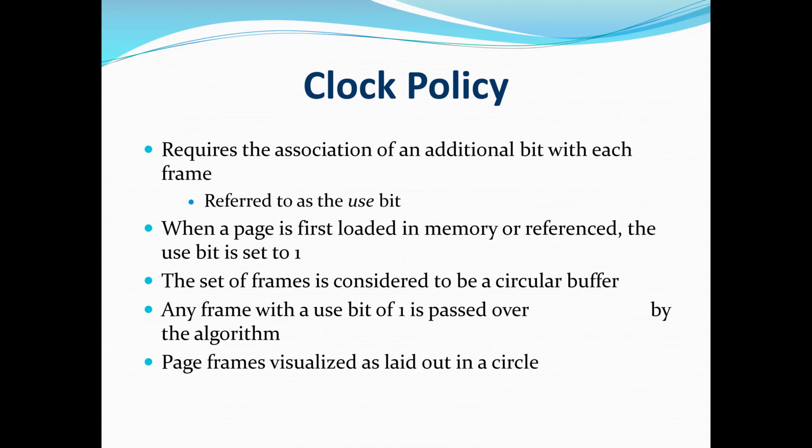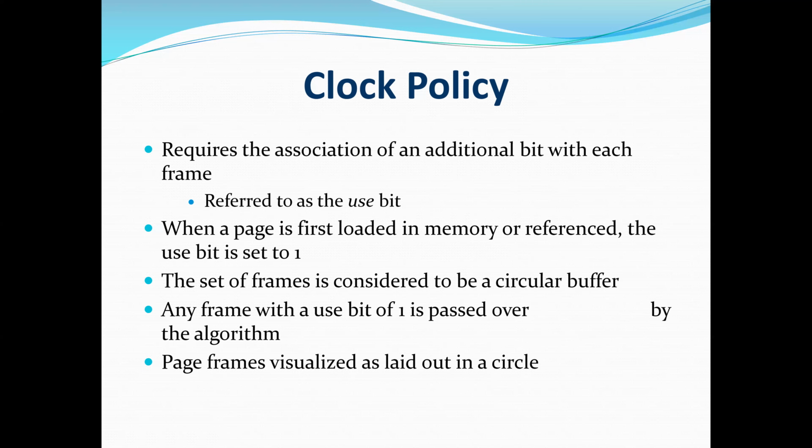When a page is replaced, the pointer is set to indicate the next frame in the buffer after the one that has just been updated. When it comes time to replace a page, the operating system scans the buffer to find a frame with a use bit set to 0.